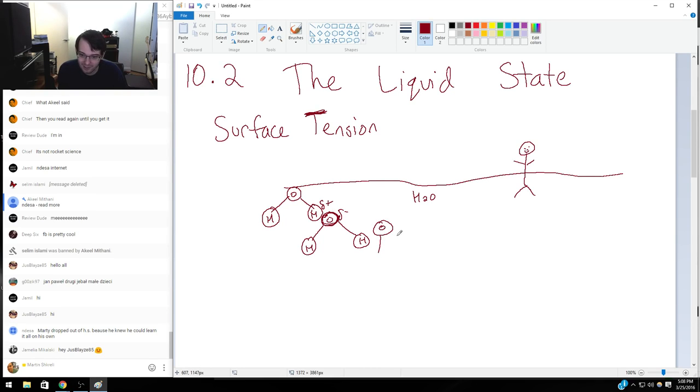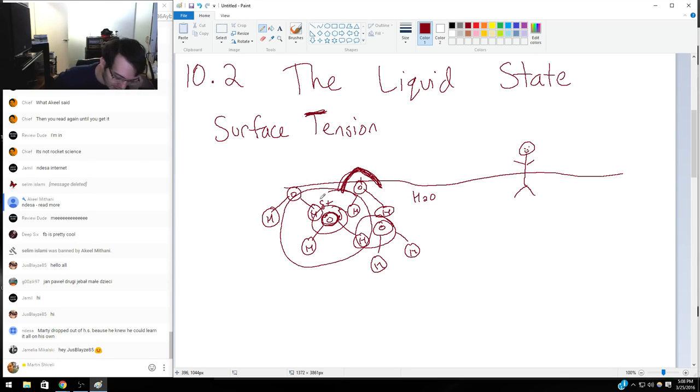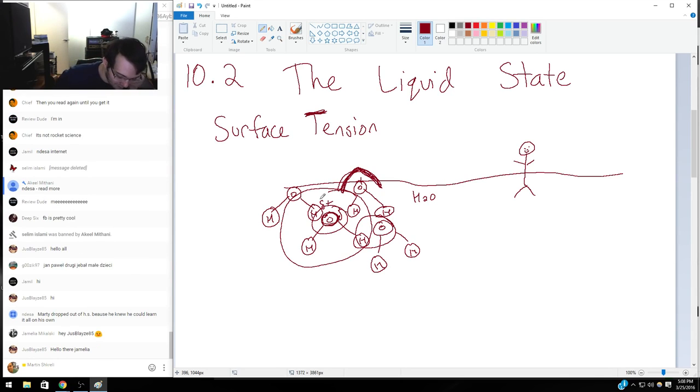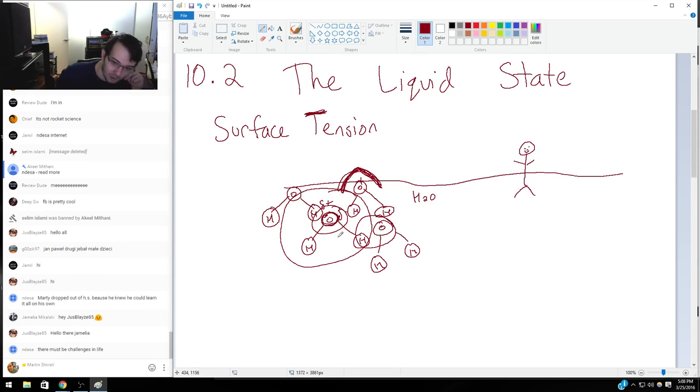Best way to put it. And so the point is this oxygen, interestingly, sort of has nothing to interact with, as much as this oxygen, which is making all of these intermolecular bonds. So the molecule at the surface is only attracted to molecules below it.